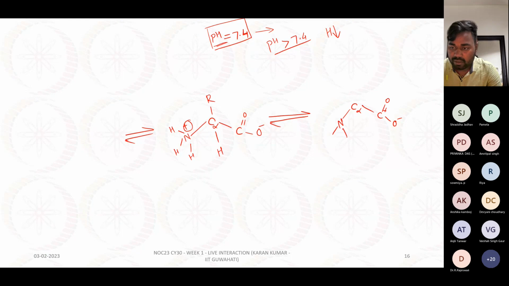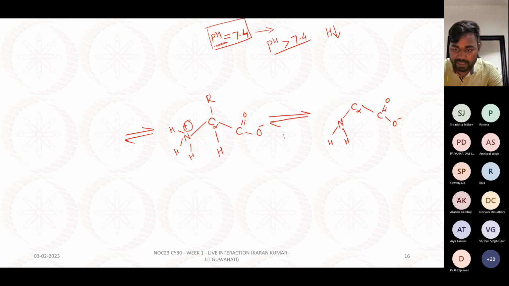Now this hydrogen will also go, and there will be no charge on this amino group, right?